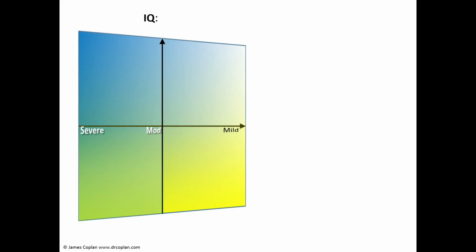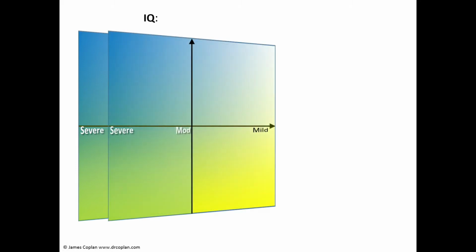So here we have, as I've said, this XY graph with severe to moderate atypicality, and then IQ on the y-axis like this. And this might be conceptually the graph on which we might map where your child lands at the time of initial diagnosis, let's say at 18 months of age. And then here's another similar graph.